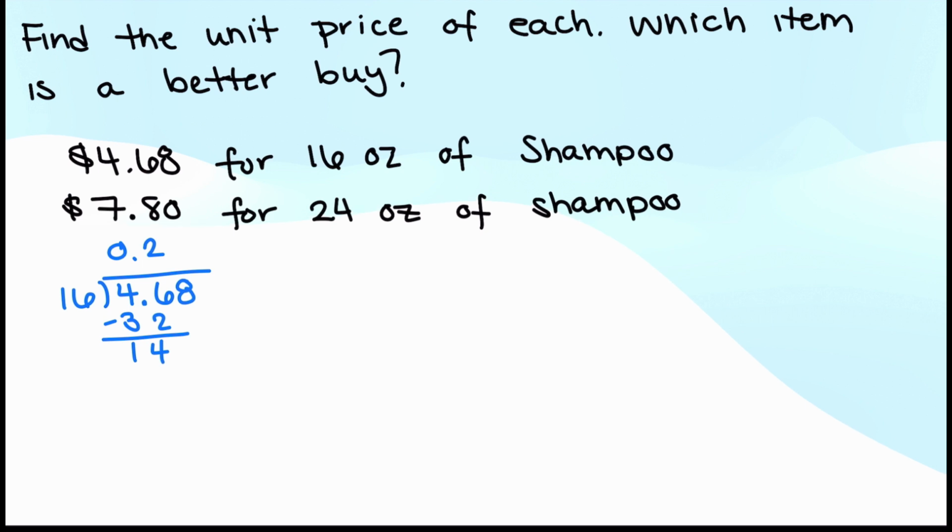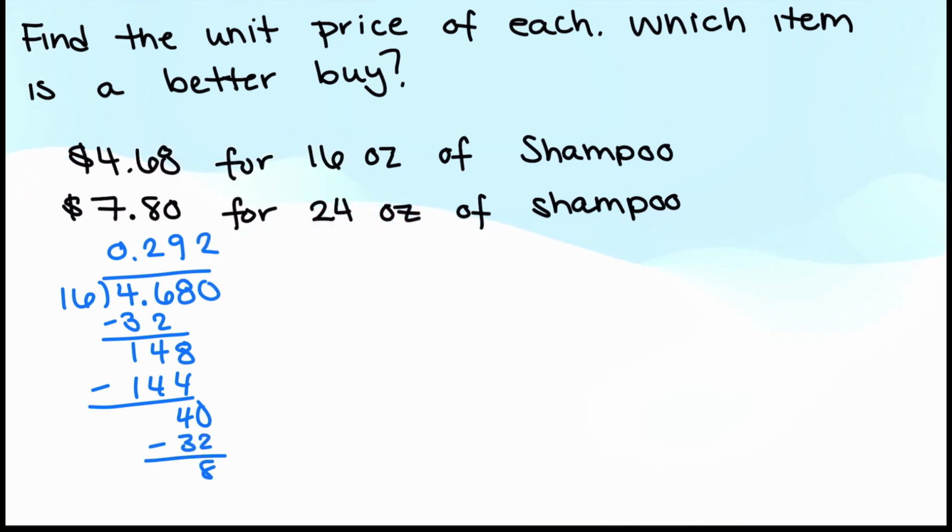Subtract, that gives me a remainder of 14. Bring down the 8. 16 goes into 148 9 times. 9 times 16 is 144. Subtract, I get a remainder of 4. I'm going to add a 0 and bring it down. 16 goes into 40 2 times. 2 times 16 is 32.